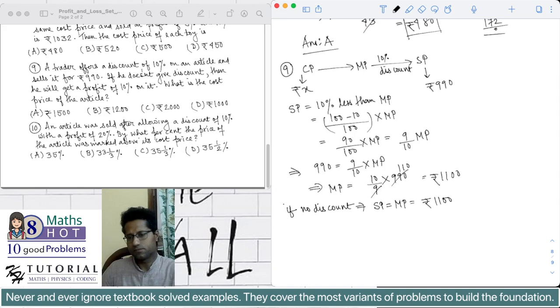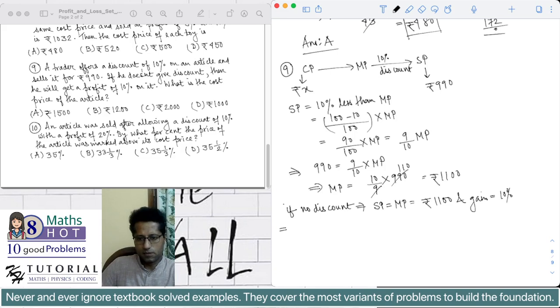So when there is no discount, the selling price is 1100, and there is a profit of 10% on it.